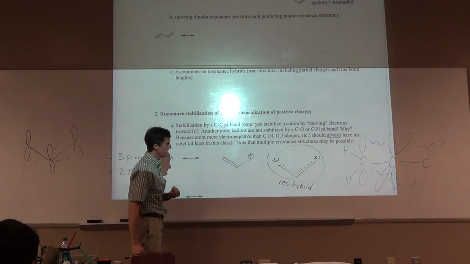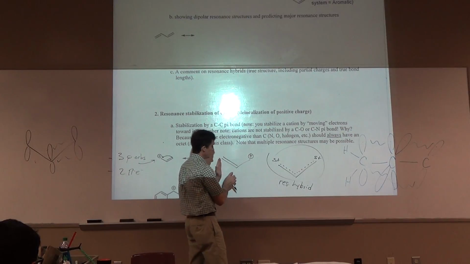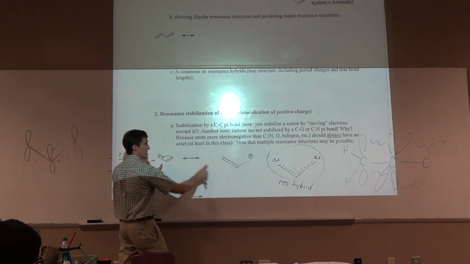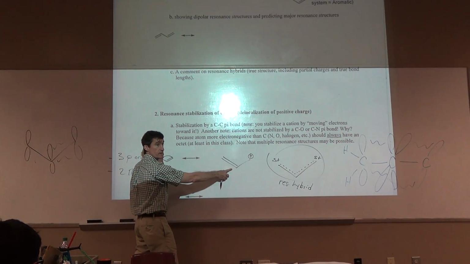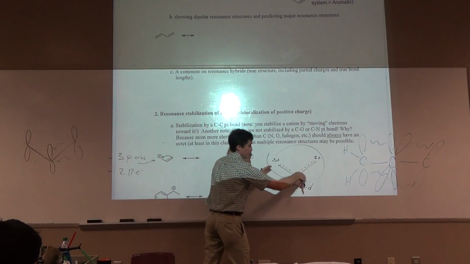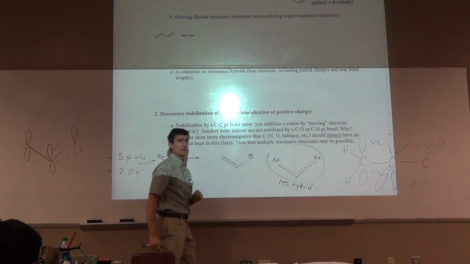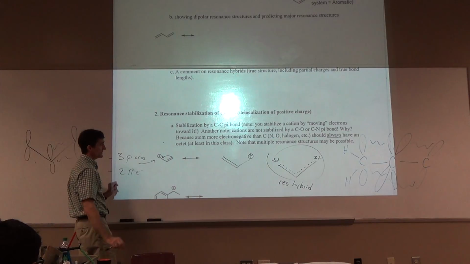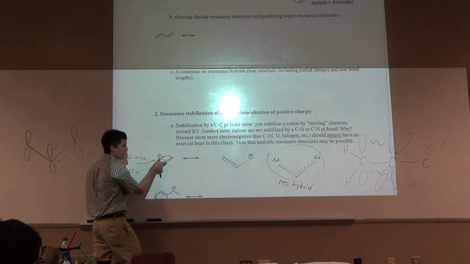Once you have conjugation and it spreads out, it no longer looks like either of these. This is the true structure. If we could look at the electron density, it would be the same between each carbon.